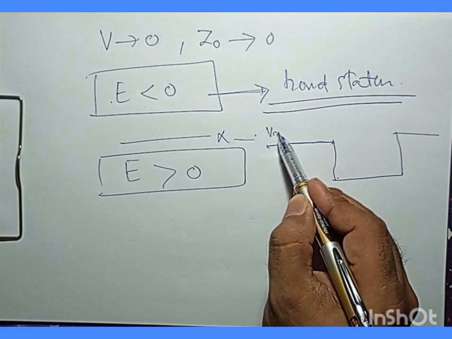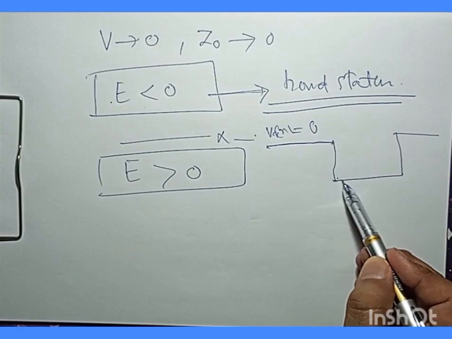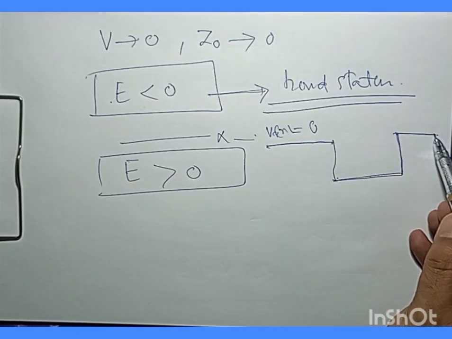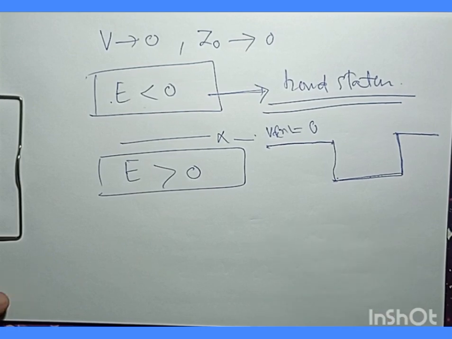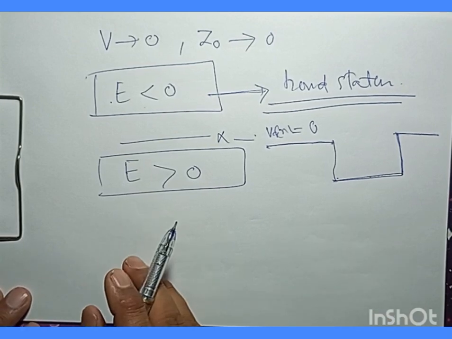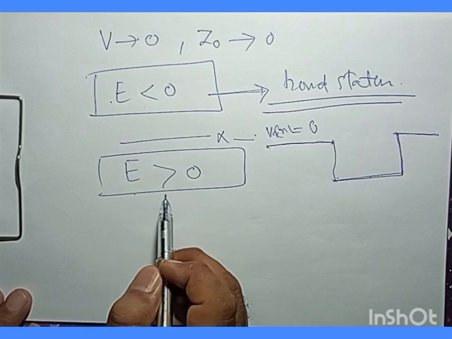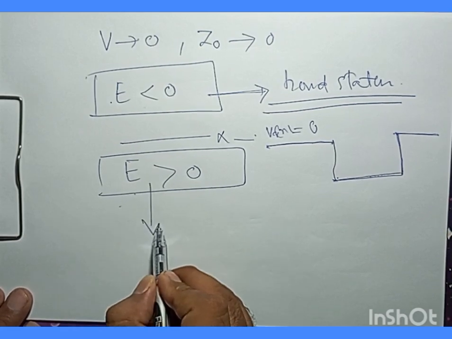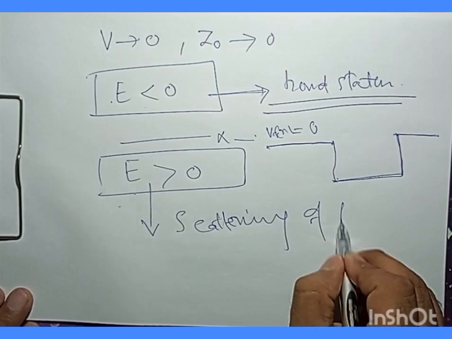This V of x is zero, and here we have a value, and here we have V of x equal to zero. So now looking at this problem, when E is greater than zero, we are talking about the scattering of particles.